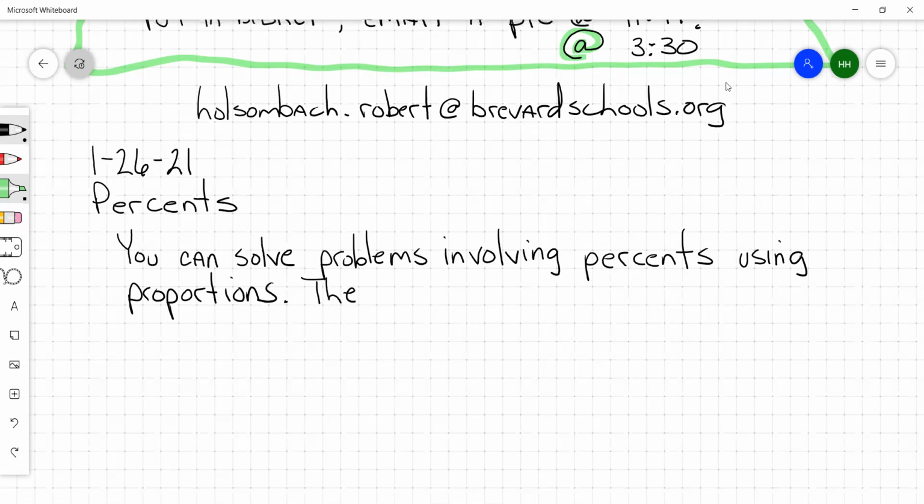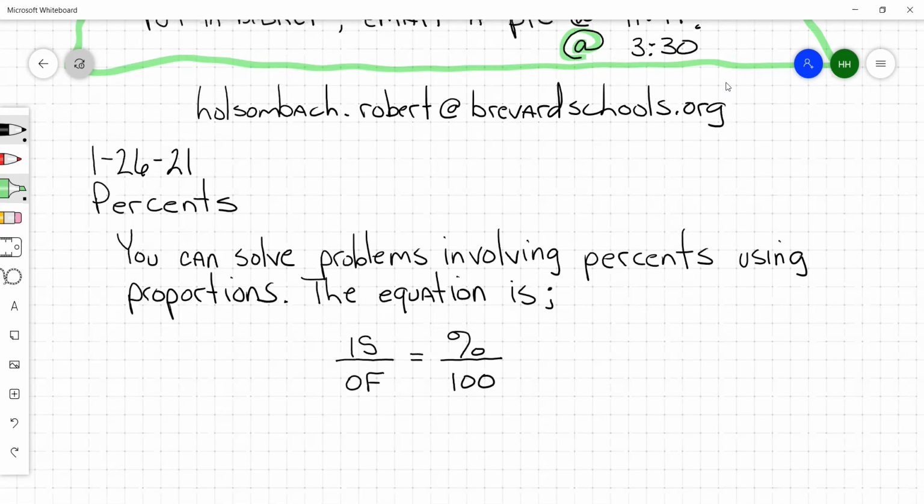Here's the equation that's used: is over of equals percent over 100.